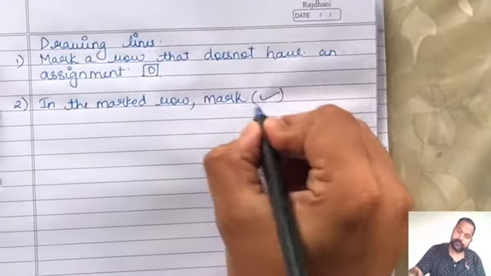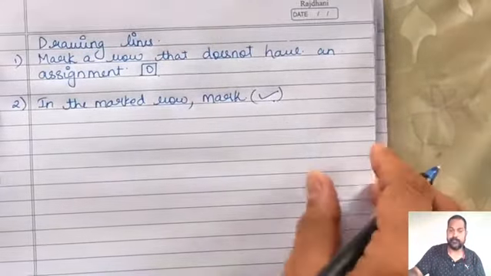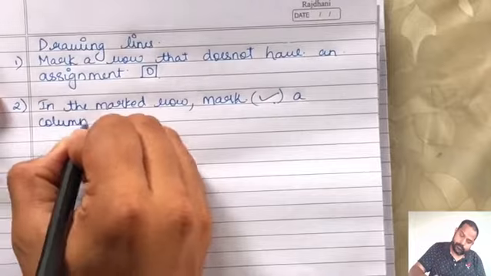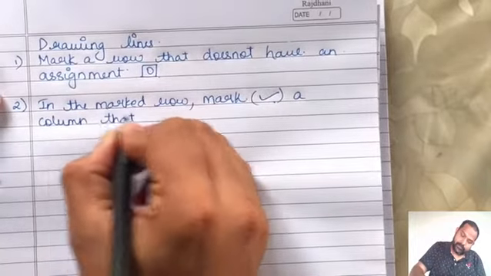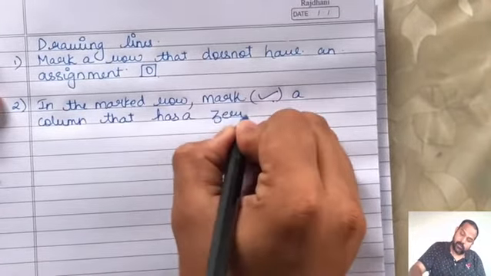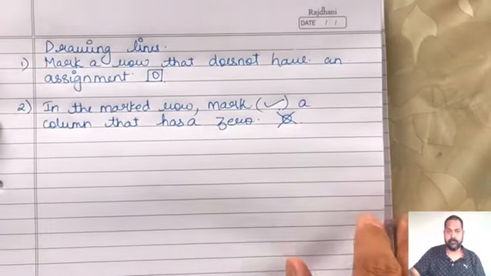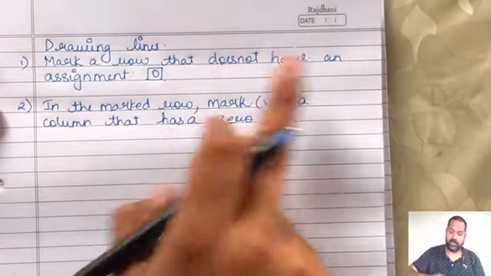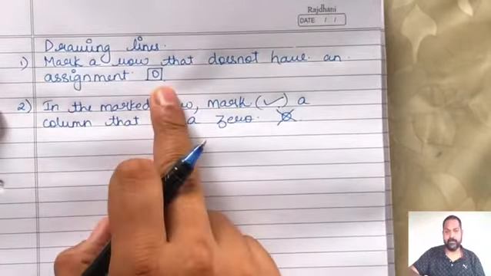Tick mark a column that has a 0. What do you mean by 0? This is what I mean by a 0. Mark a row that does not have an assignment. In the marked row, mark a column that has a 0. Okay? Step 3.